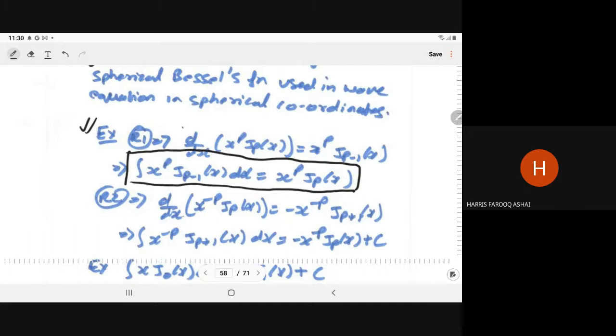Taking the integration on both sides with respect to x, this integration will cancel this differentiation and you will get the following relation. So integral of x to power p j p minus 1 dx is equal to x to power p j p.